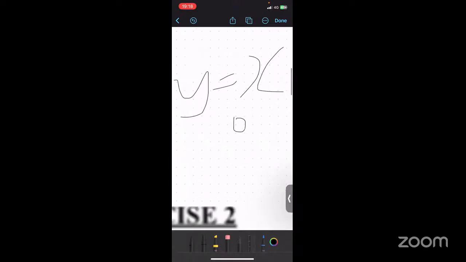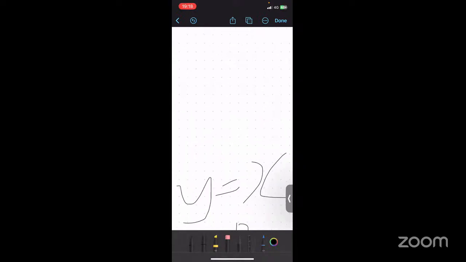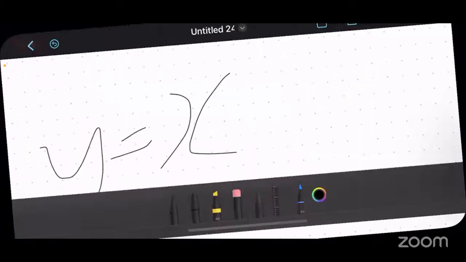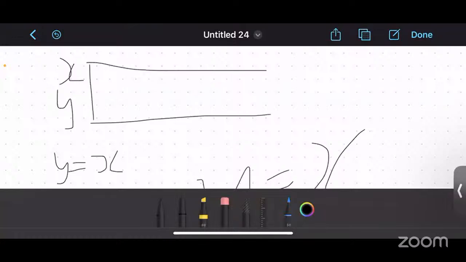So let's do that. We're going to have x, we're going to have y, and our formula is y is equal to x. And I said we're going to pick 5 x values.